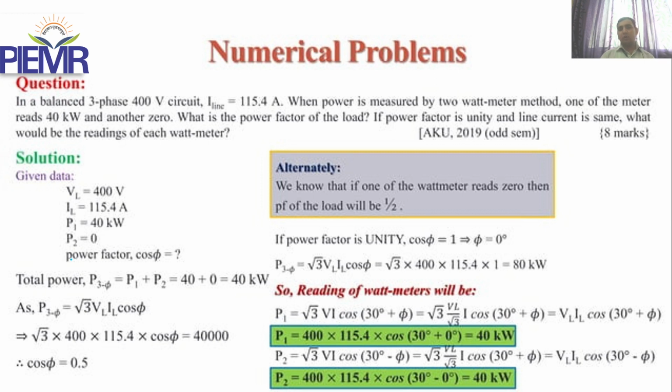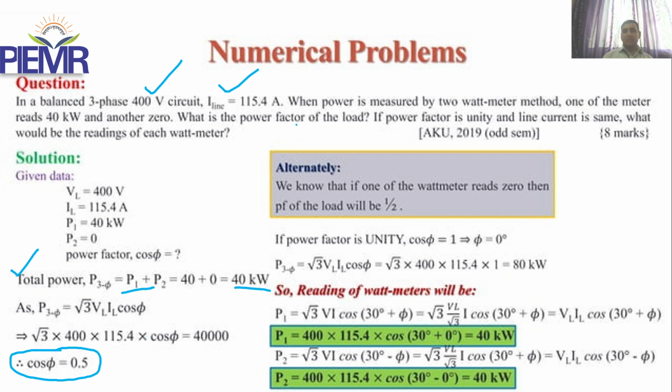First they want the power factor. If the power factor is unity, the line current is the same, and what will be the reading of each wattmeter? In this case, we have to calculate the total power, that is P1 plus P2. The total power is 40. As we know the power is 40 and we know the line voltage and line current, we can calculate the power factor to be 0.5, that is phase angle of 60 degree.